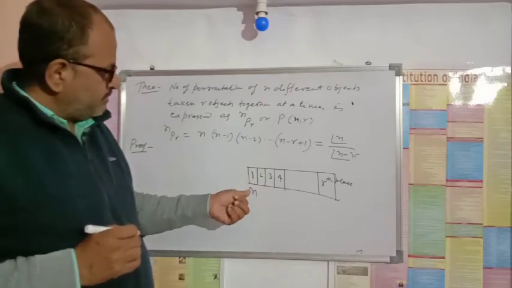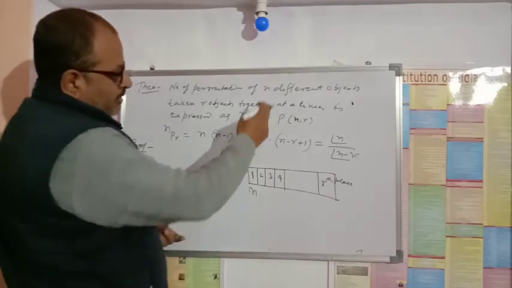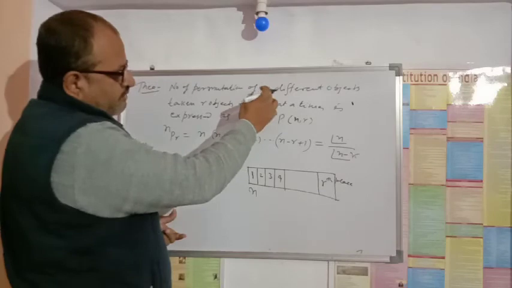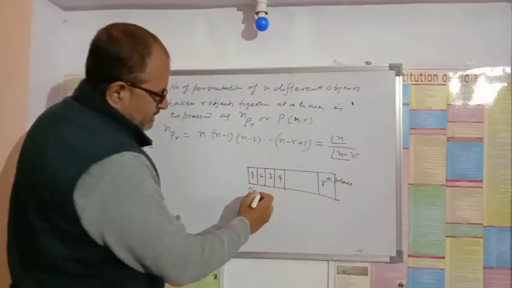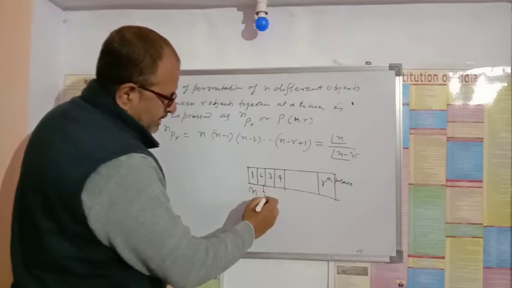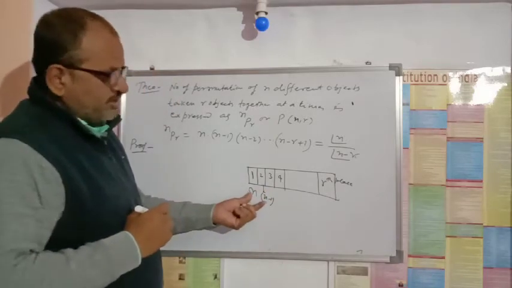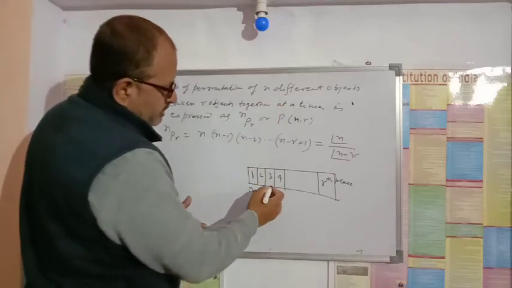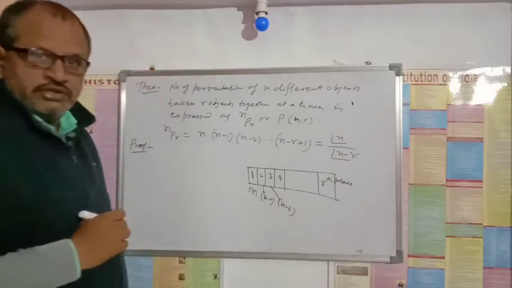Now one object is filled at the first place, so the remaining number of objects will be n minus 1. So the second place is filled in n minus 1 ways. Now two objects are filled, the remaining will be n minus 2, so the third place will be filled in n minus 2 ways.